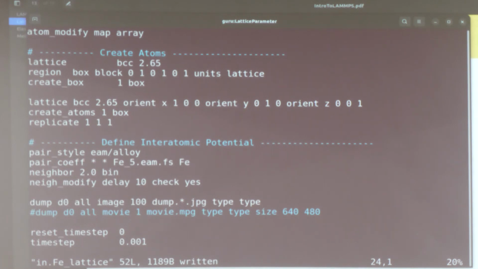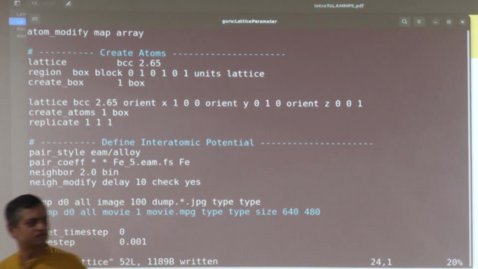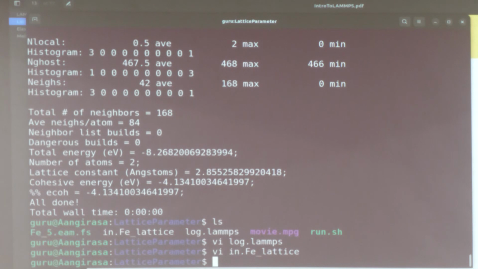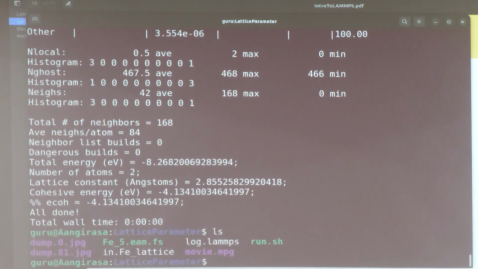You can go and read the manual for the rest, like what is type, and for image it is just type, and for movie you also have to give the size of the frame or something. Okay. So, you can do this. This is a quick fix: you are running some simulation, you just want to look at it, and then you will get the images, right.